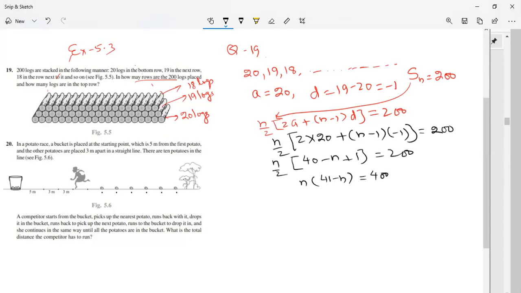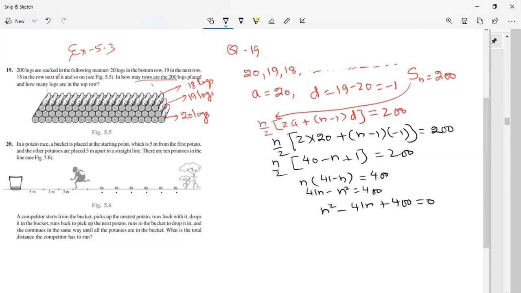400. That means we are going to have a quadratic equation: 41n minus n square is equal to 400, and take all the values to the right hand side. So this will become n square minus 41n plus 400 equal to 0.